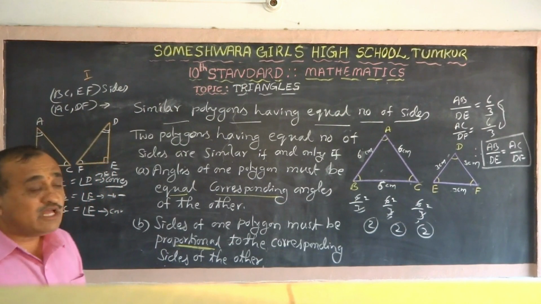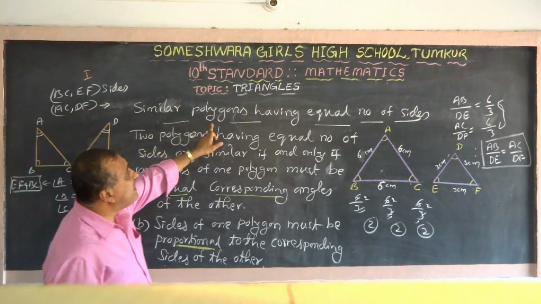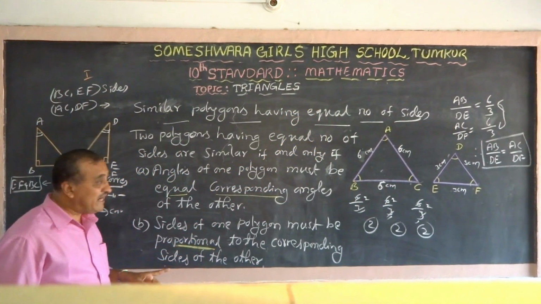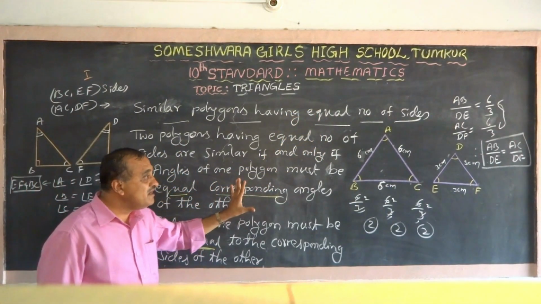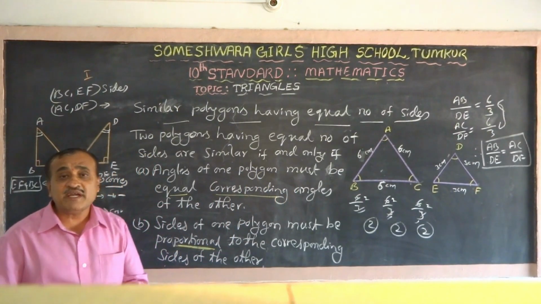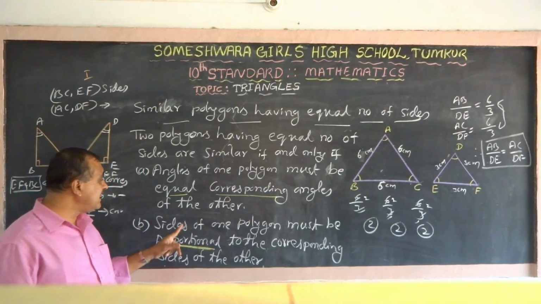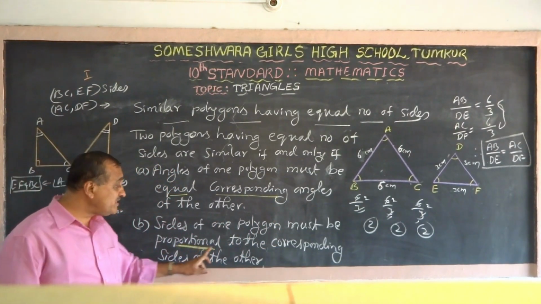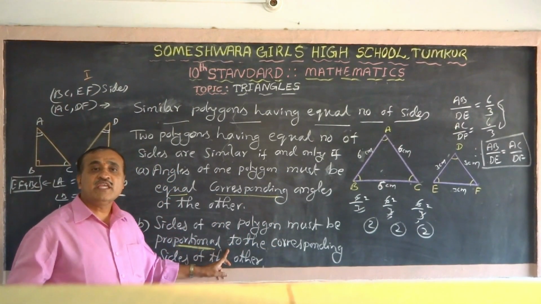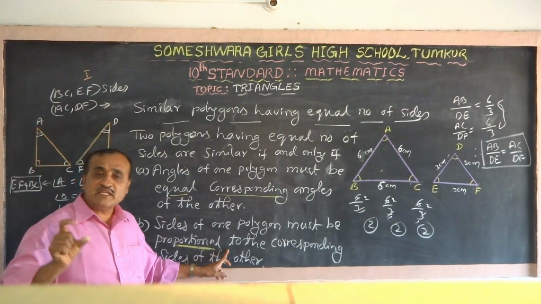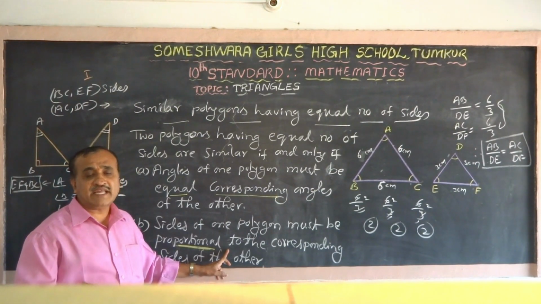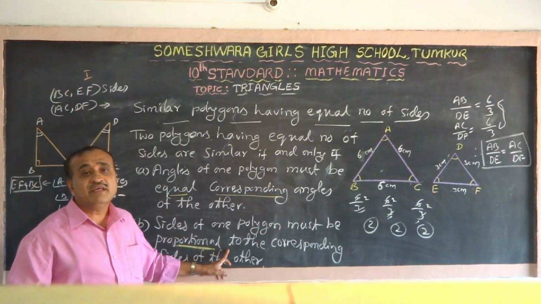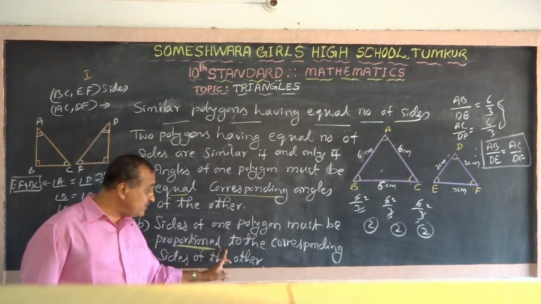Is it right? Now you see, two polygons having an equal number of sides are similar provided the angles of one are equal to the corresponding angles of the other. Second, the sides of one polygon must be proportional to the corresponding sides of the other. If the ratio of the corresponding sides is the same, then they are in proportion.